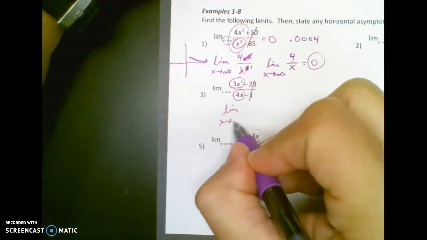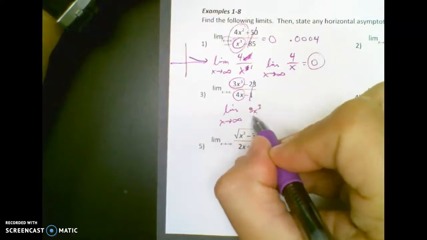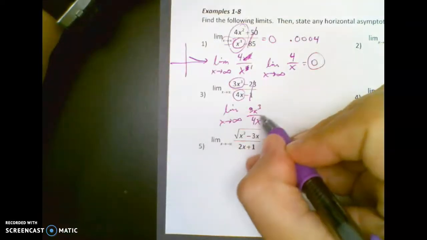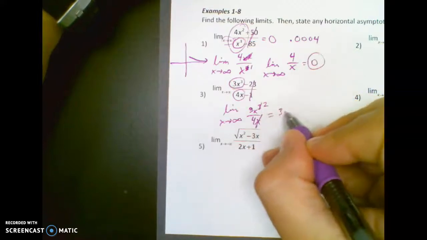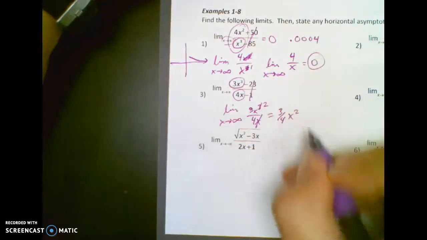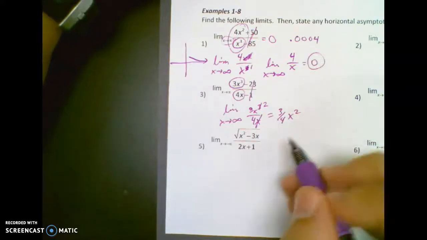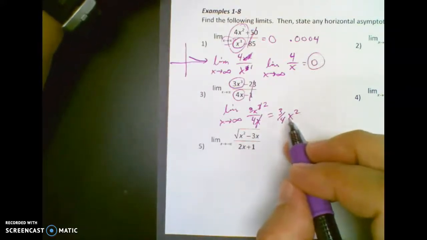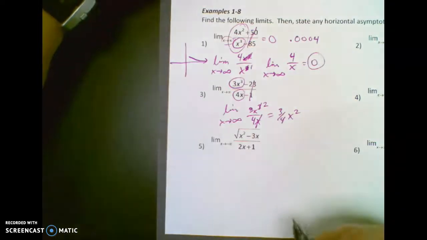So you could really treat it like you had 3x cubed over 4x, and you canceled out one of the x's, and you get 3/4 x squared. Now imagine plugging an infinity in there. I know you can't plug infinity in, but imagine you plugged a ridiculously big number and squared it, and then took it times 3/4.